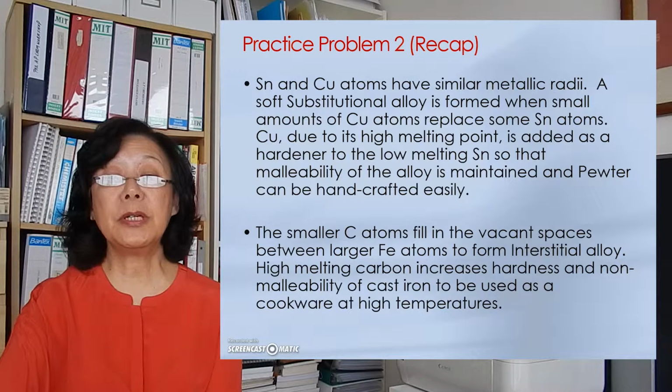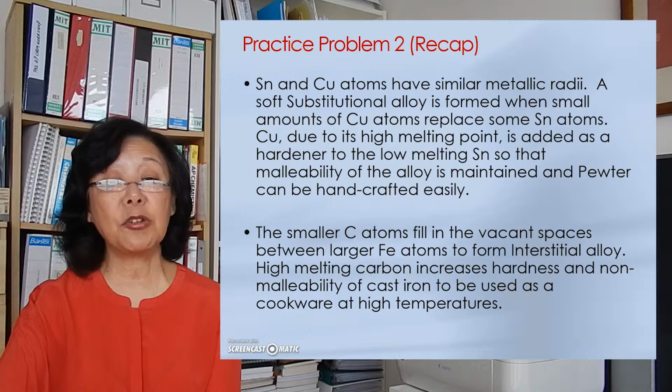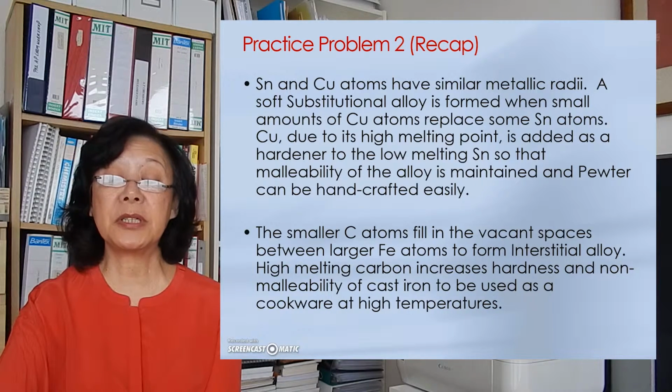And then when you insert the smaller carbon atoms into the vacant spaces between larger iron atoms to form an interstitial alloy, the high melting carbon increases the hardness and the non-malleability of the cast iron pan to be used as cookware at very high temperatures.